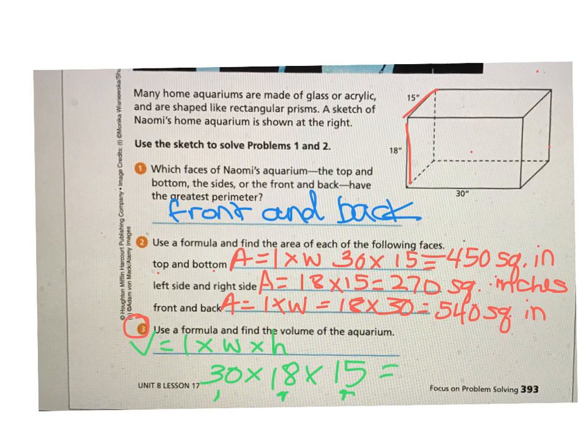That all multiplied together would equal 8,100 cubic inches. And think about why I am saying cubic, because it involved 3 dimensions: length, width, and height. And in area, we only did 2, length and width.